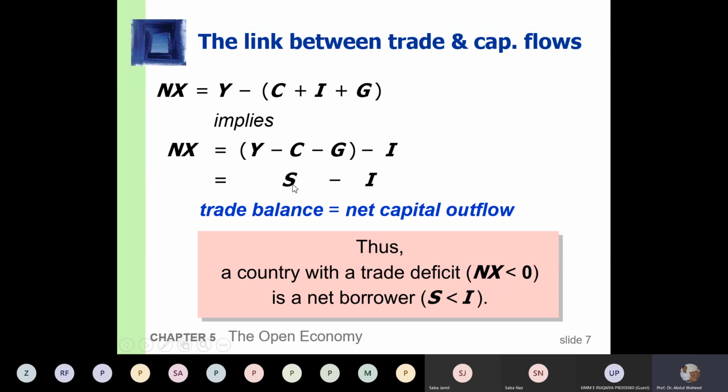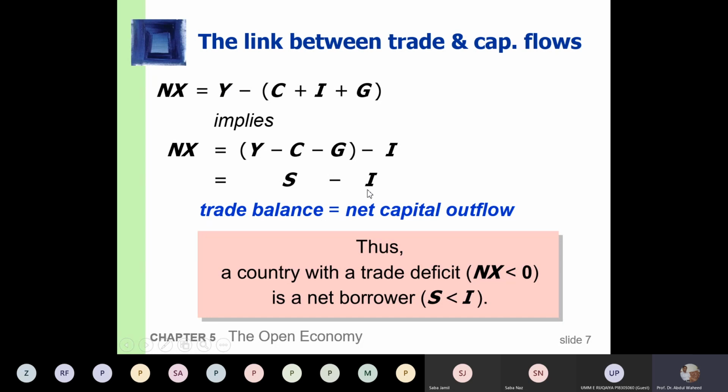If saving is greater than investment, then NX would be positive, and then we will be net lender. If saving is less than investment, then there is a trade deficit and we are net borrower. Okay, these are the linkages.